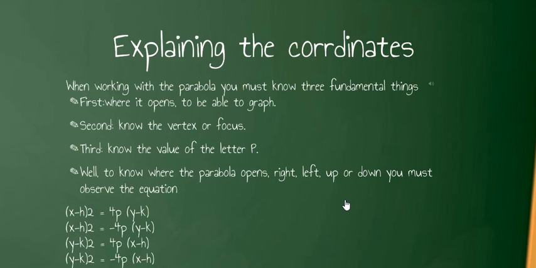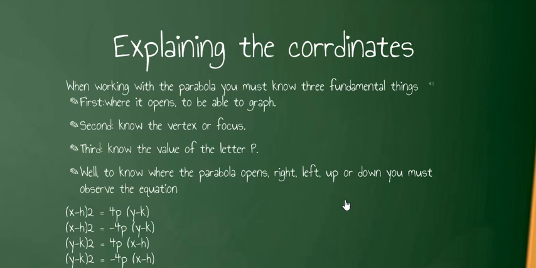The third one is (y minus k) squared equals 4p (x minus h). And the fourth, (y minus k) squared equals minus 4p (x minus h).